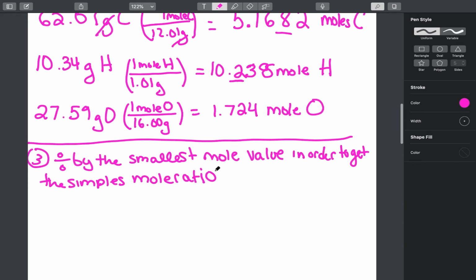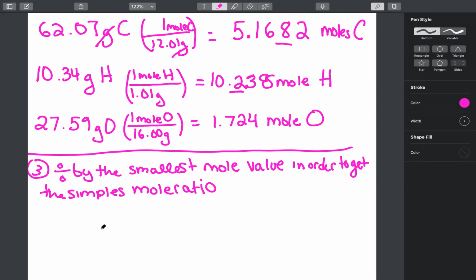So let's start with carbon. So with carbon, we had 5.1682 moles. And then we had 1.724 moles of oxygen. Now let's make sure we have the correct number of sig figs. So in this case, we have 4 up here and 4 down here.